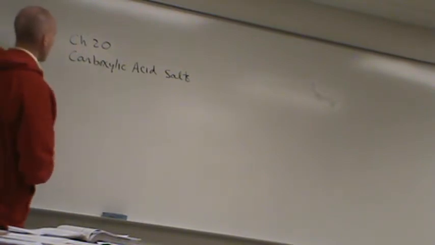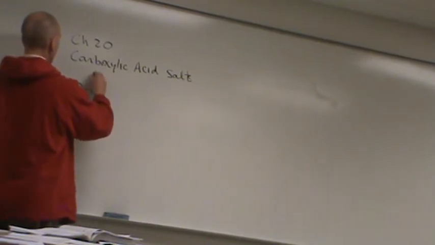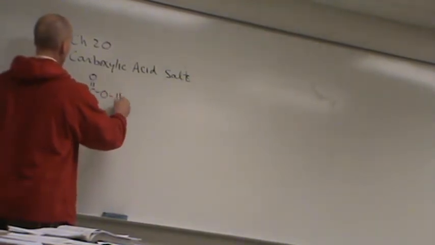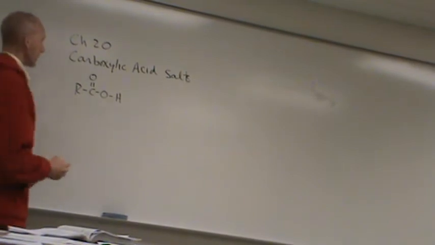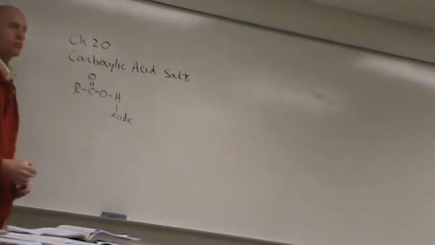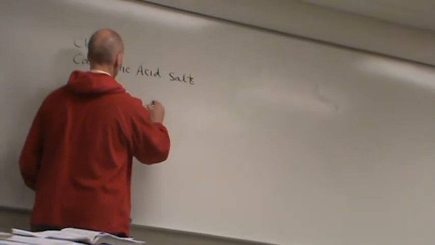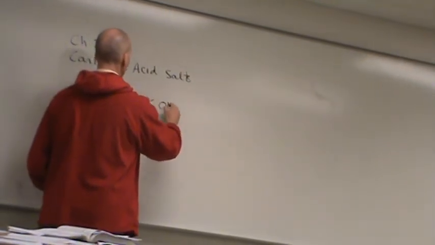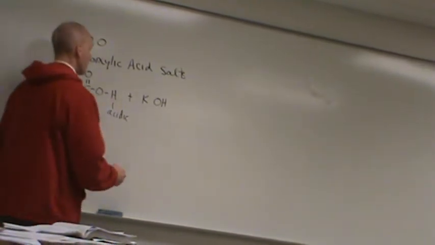So remember last time we looked at the functional group of carboxylic acids, okay? And we found that this hydrogen here was acidic. Well, today what we're going to do is react it with a base, something like potassium hydroxide.